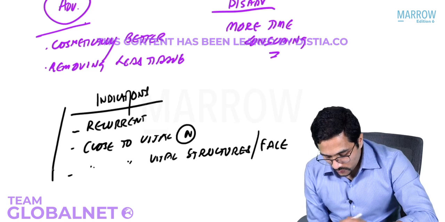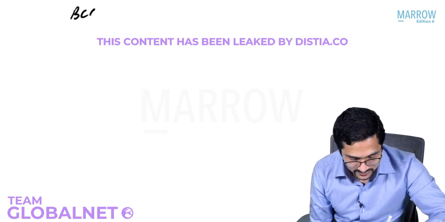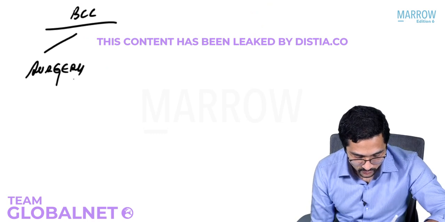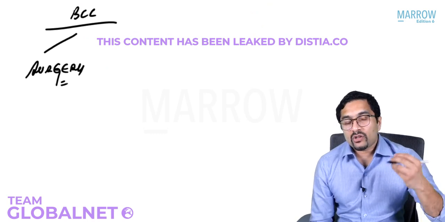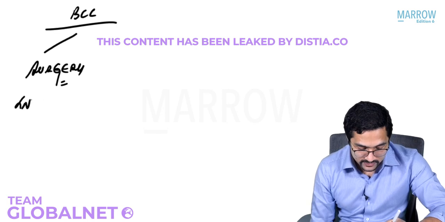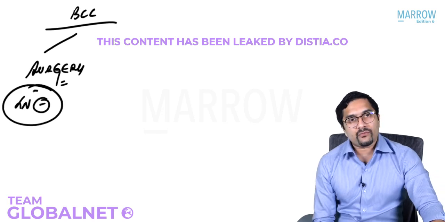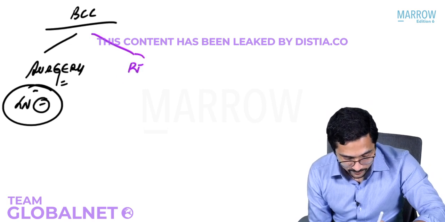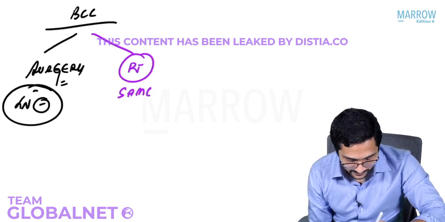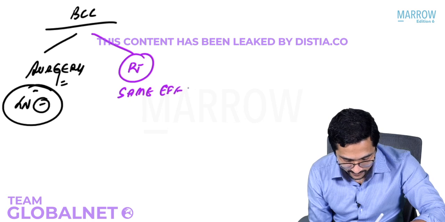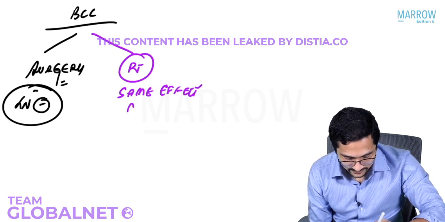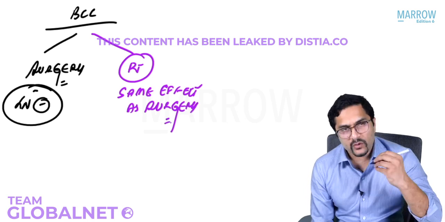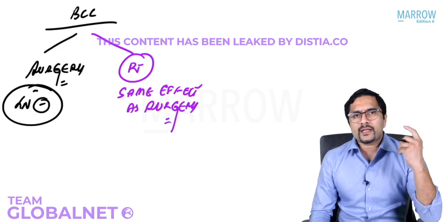We should also know that in basal cell cancer, surgery is the mainstay of treatment, which I've already explained to you. And I told you that lymph node involvement is uncommon. That is why lymph node removal is usually not done in these patients. Radiotherapy has the same effect as surgery, but radiotherapy is reserved for those patients who cannot tolerate surgery.